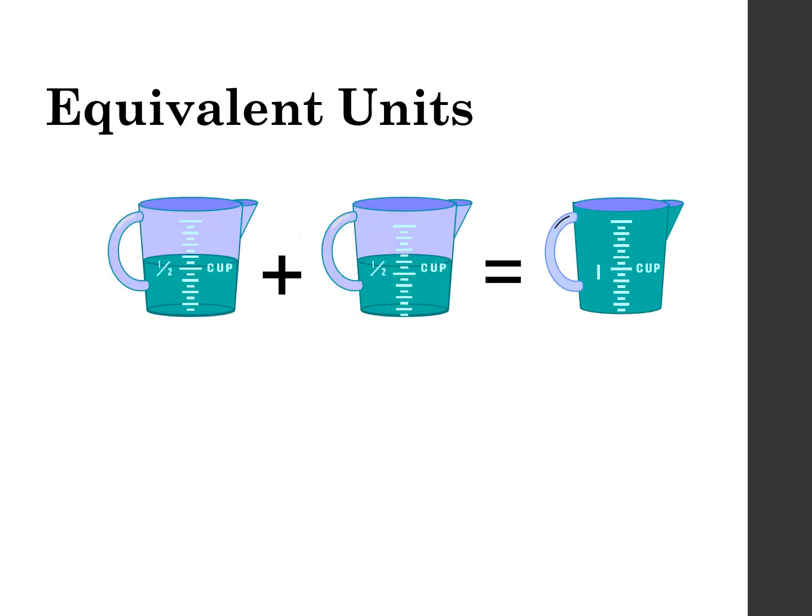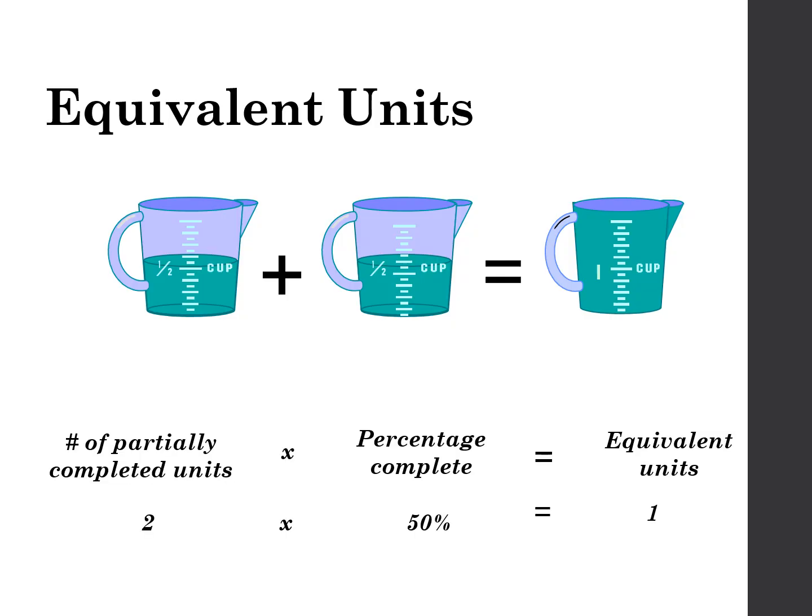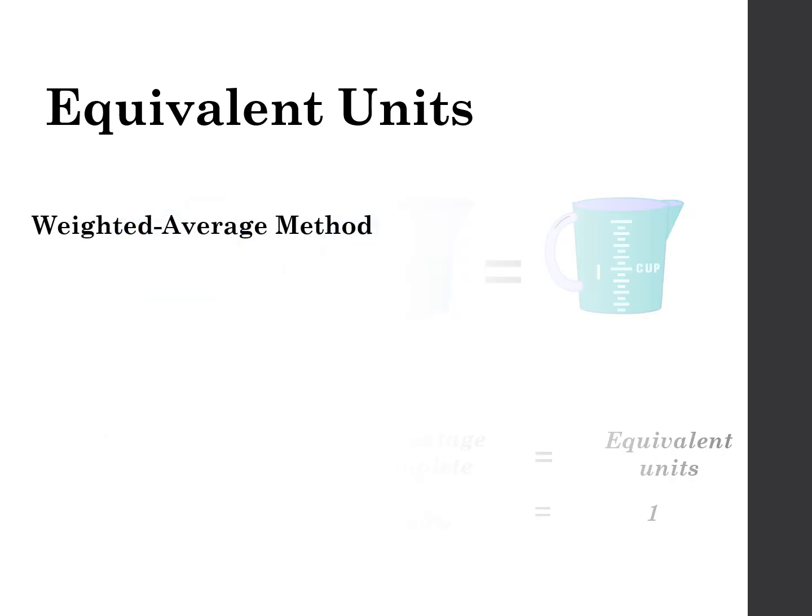Two half-completed products are equivalent to one completed product. Two units which are 50% complete are equivalent to one unit that is 100% complete. Likewise, 1,000 units that are 75% complete is equivalent to 750 units.